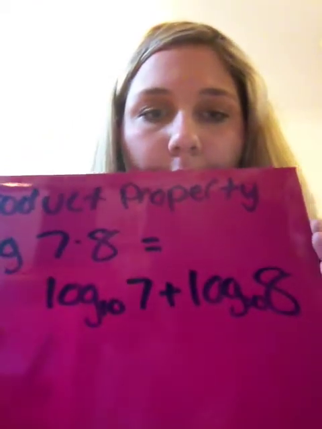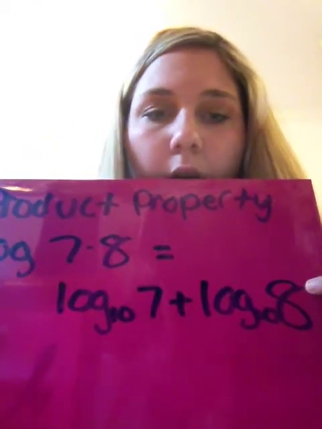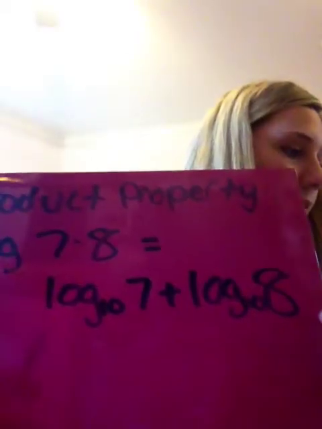So log base 10 of 7 plus log base 10 of 8, like shown in this board right here. So that's one example of product property. So now let me erase this and do the next property.